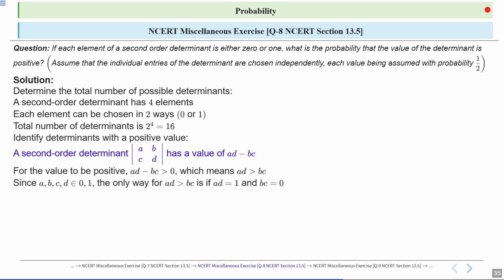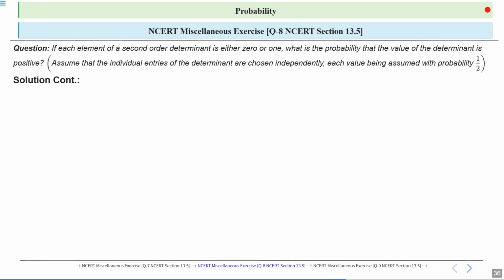Since A, B, C, D belong to 0 or 1, the only way for AD to be greater than BC is if AD equals 1 and BC equals 0. If AD is 1, then A equals 1 and D equals 1. If BC is 0, then at least one of B or C must be 0.